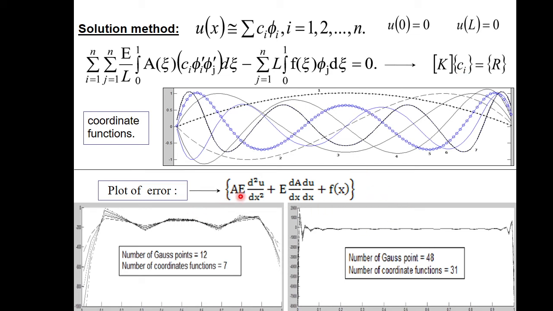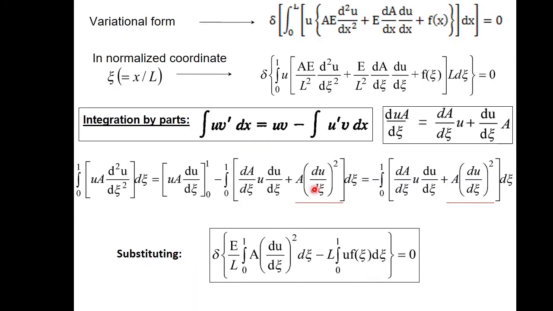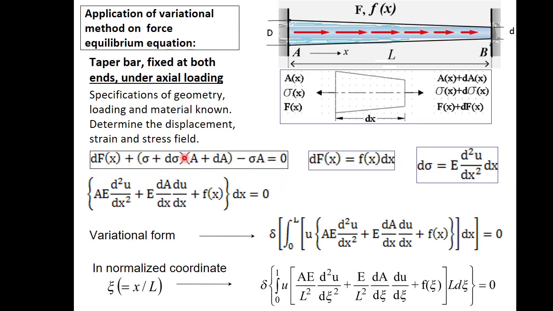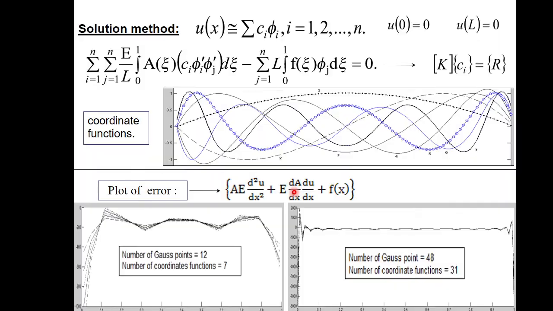Actually this is a plot of error. Plot of error means this is what we are getting from force balance, so at every point this should be 0. If that is computed at different points, ideally they should be 0. But exactly it is not becoming 0, there is some variation.